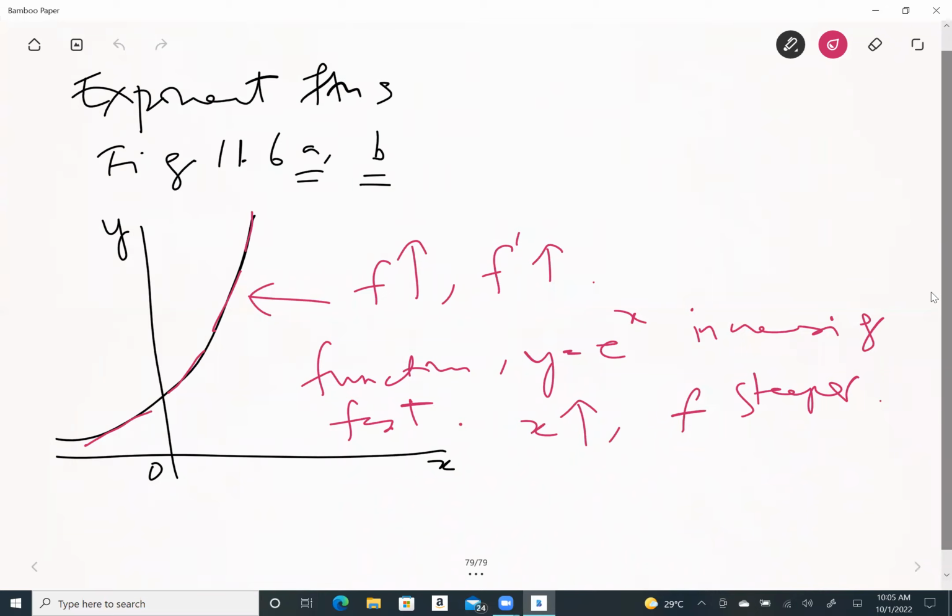The general formula that is given: y equal to e to the power of u of x. Now, u of x is some terms there, for example x squared plus 2, or it can be just x.